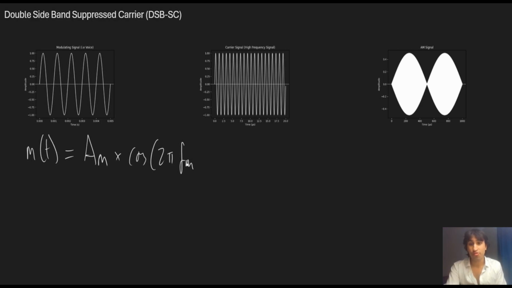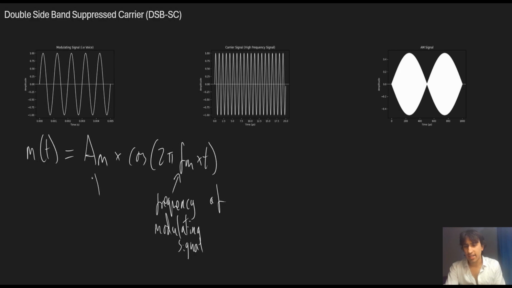So fm is the frequency of the modulating signal multiplied by time. And so that is simply how we can express our modulating signal.